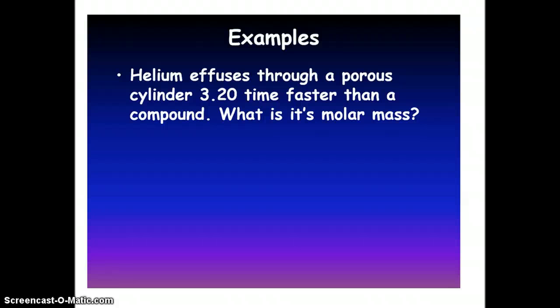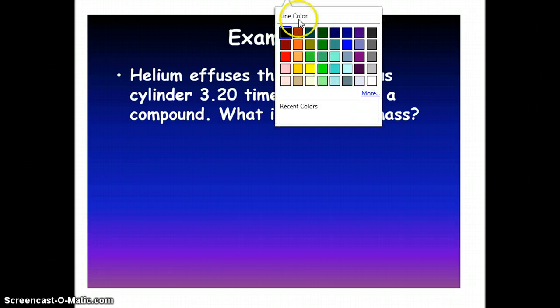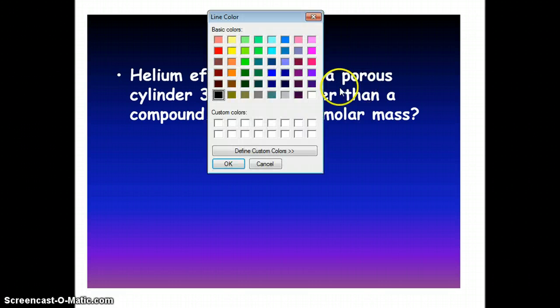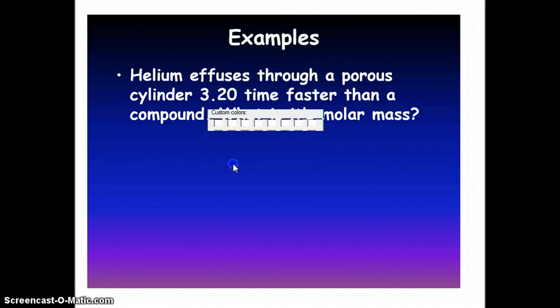Example problem: helium effuses through a porous cylinder 3.2 times faster than some compound. Okay, so it's telling us, hold on, let me get my pen. Gotta get a color you can see. Go with pink.